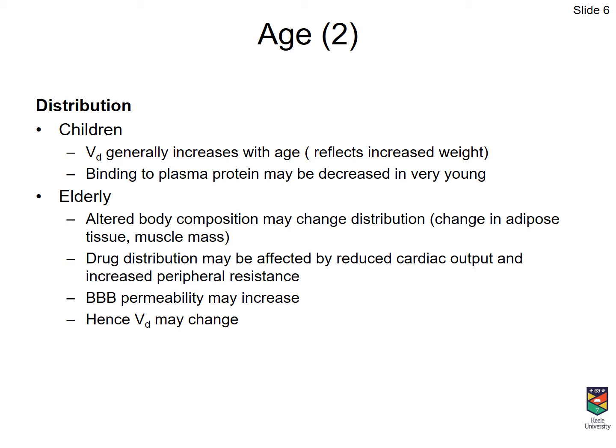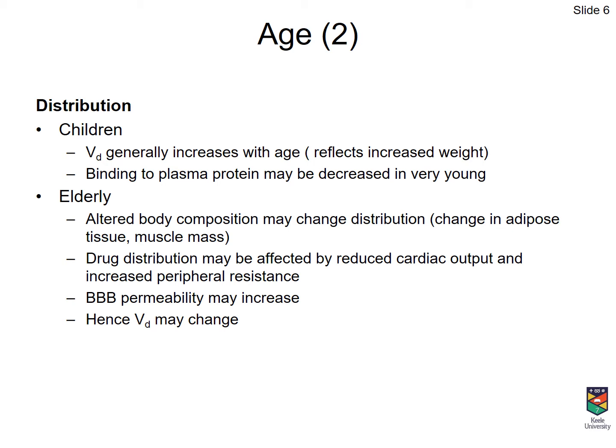Now, if you recall the second lecture, we talked about the effect of perfusion on the distribution of some drugs, and so it should be no surprise that in the elderly, when cardiac output may be reduced, the distribution of certain drugs will also be affected. This can be exacerbated by the fact that the elderly may have an increased peripheral resistance, and that will, well, not prevent, but may reduce somewhat the distribution of drugs.